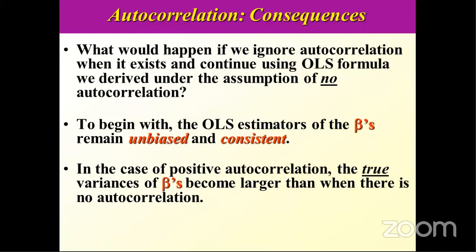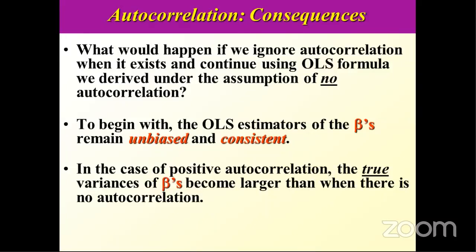And the next is the consequences of autocorrelation, or the implications of the autocorrelation problem. The consequences of the autocorrelation problem are more or less similar to those of heteroscedasticity.